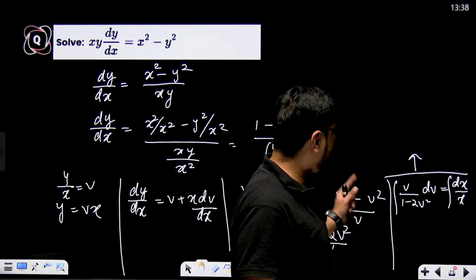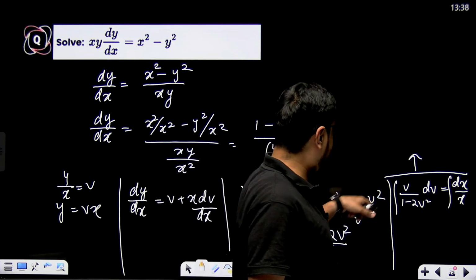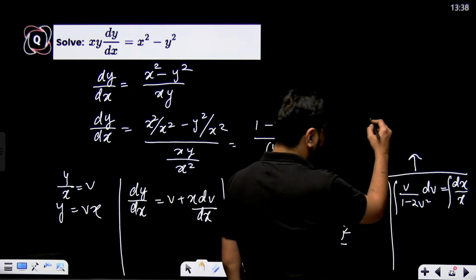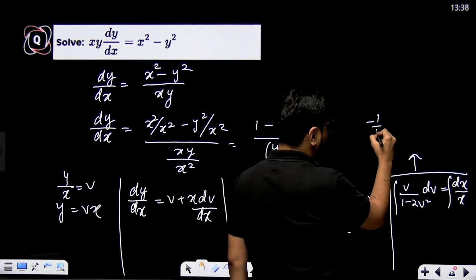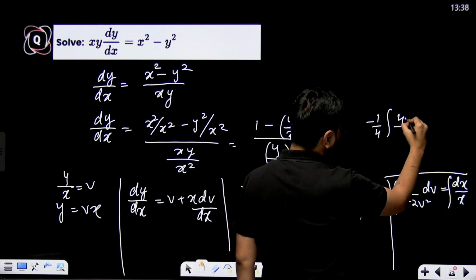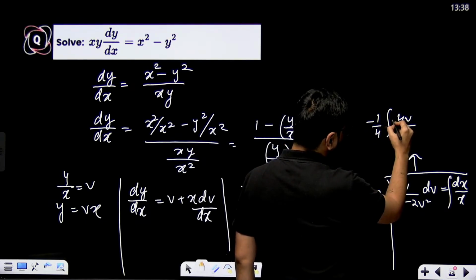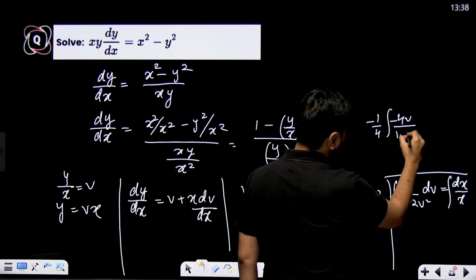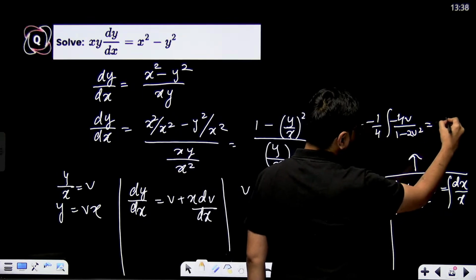So minus 4v, so minus 1 by 4 will have to divide over here, although this you can do on your own. Minus 4v by 1 minus 2v square equals dx by x.